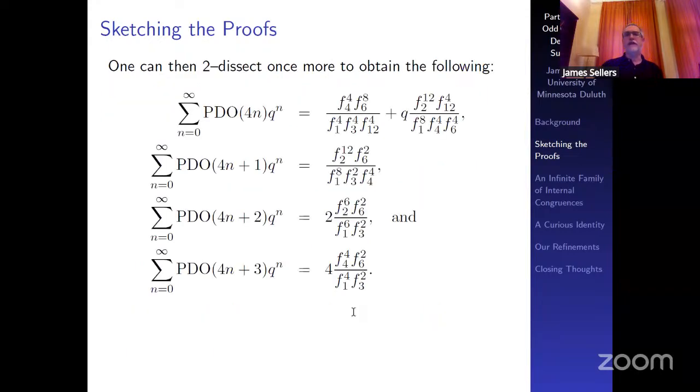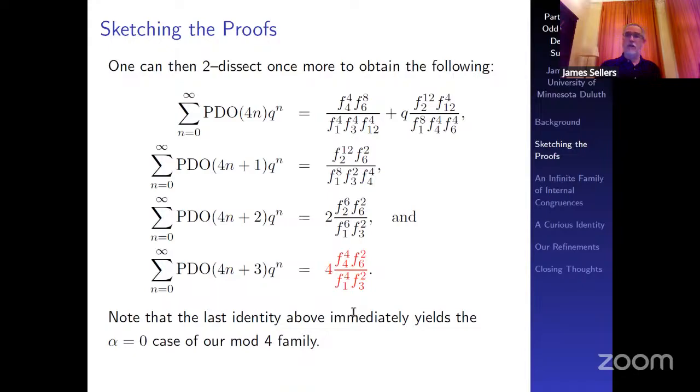And once I do that, I get these 4 generating functions at 4n, 4n plus 1, 4n plus 2, and 4n plus 3. And it should be pretty clear that the last 2 of these identities are going to give me congruences. The third one is giving me a mod 2 congruence, and the fourth one is giving me a mod 4 congruence, because, except for the 4 out front, everything else here is just a power series with integer coefficients.